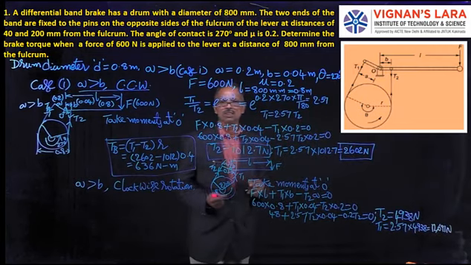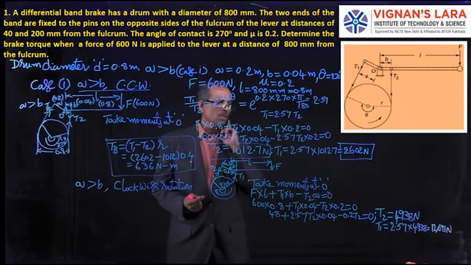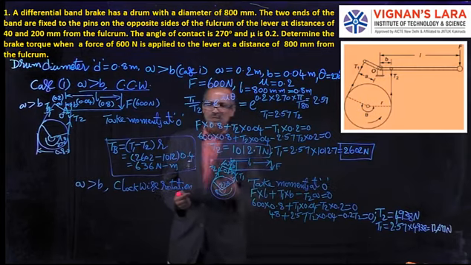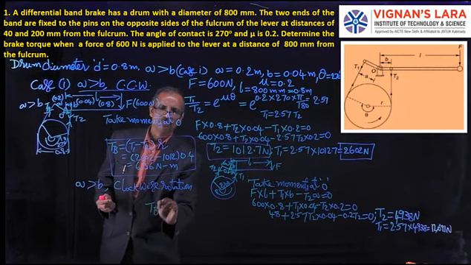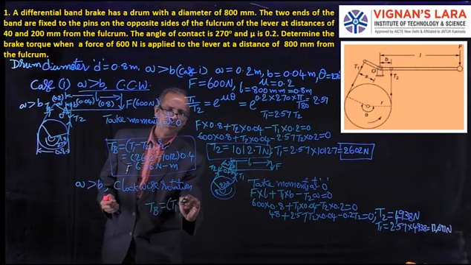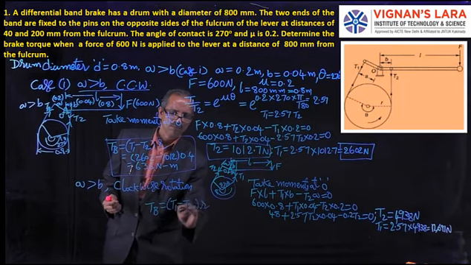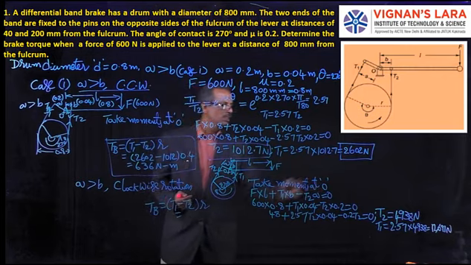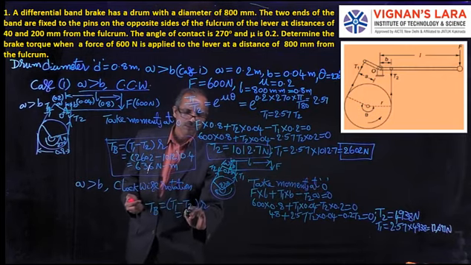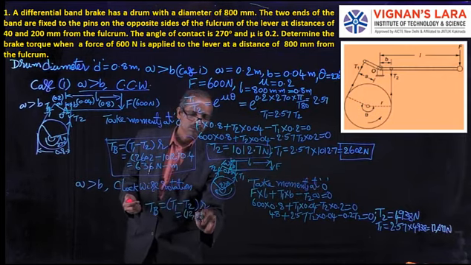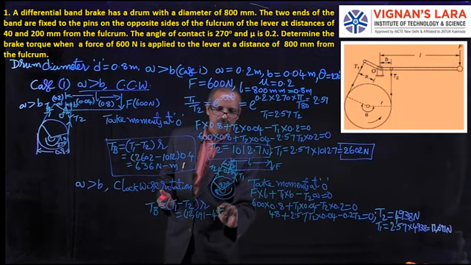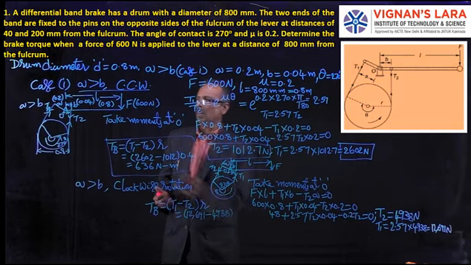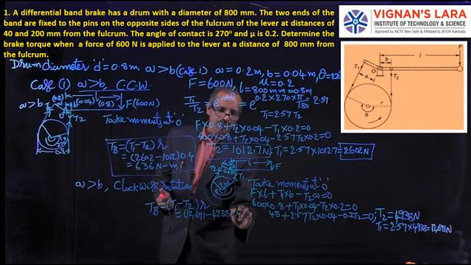After getting this, once again the same formula: braking torque is equal to T1 minus T2 into R. T1 is 12691 and T2 is 4938, and R is the radius of the brake drum, 0.4.